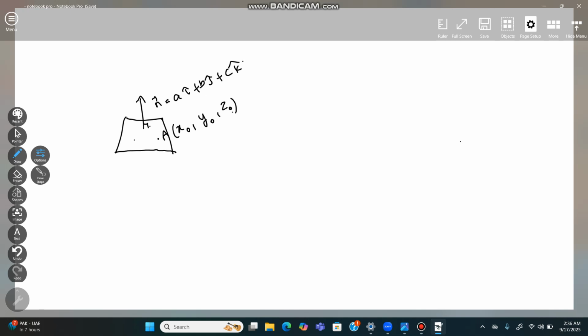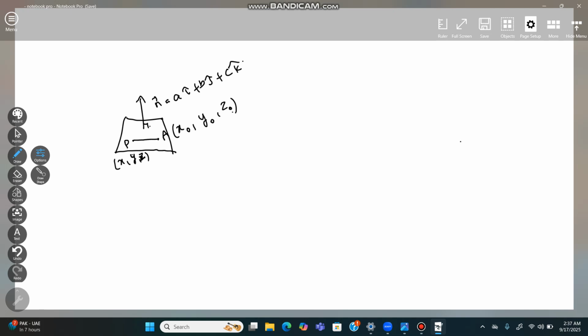Now let me choose an arbitrary point P on the plane and let it have position vector x, y, z. Of course, since I have chosen P as an arbitrary point, it might have any coordinate. That is why I'm taking it as x, y, z, some unknown point.